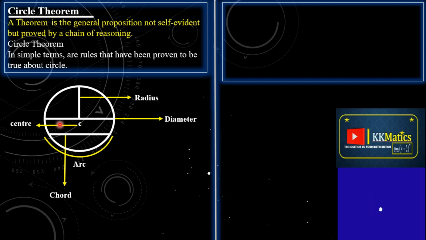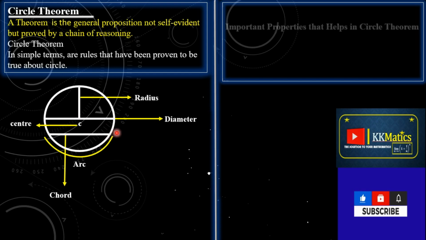The diameter passes through the center of a circle to divide it into two equal halves, while the chord just divides the circle into some parts, but doesn't pass through the center of the circle. So that's the difference between the chord and the diameter.